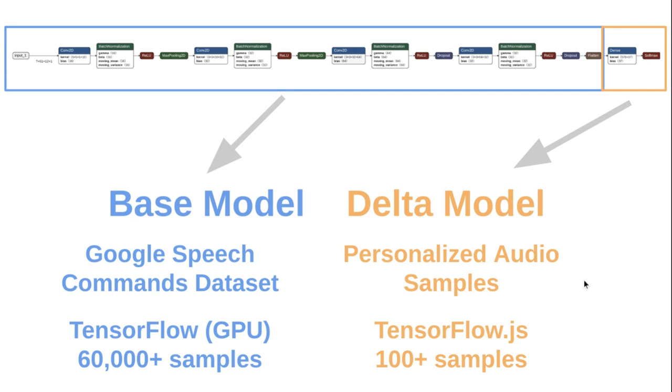Once you have the delta model, it is easy to just dump out all the weights in the dense layer and deploy that to the ESP32 device as a MicroPython module and run it. So that's basically the idea behind both the model inference on ESP32 and the model training of the speech commands model.